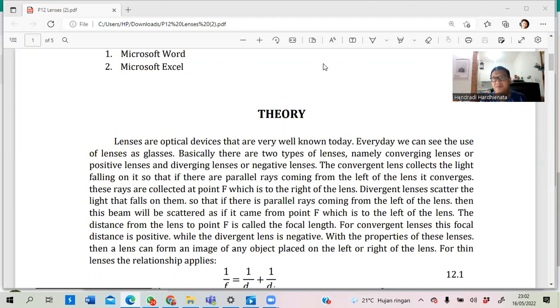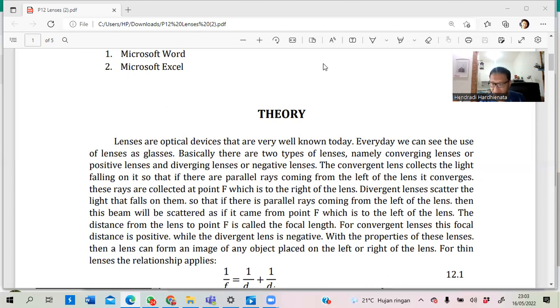As you can remember from the lecture, you can always imagine light as a ray propagating in a straight line. There are many applications of lenses. One of them is, of course, the microscope and telescope and the glasses that we wear every day, which is a direct application of lenses.